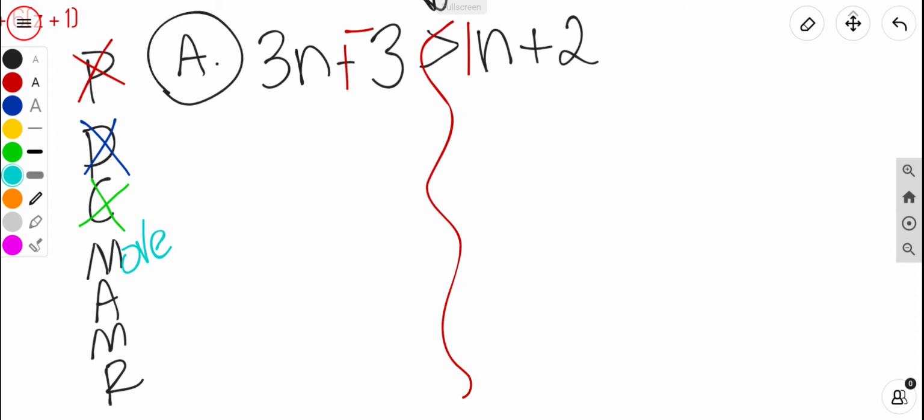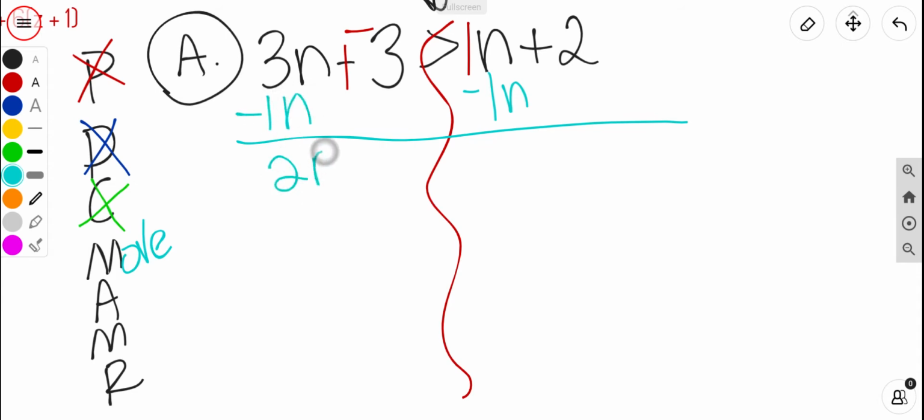So the smaller one is 1n, and because it's a positive 1n, I'm going to subtract 1n. That's what cancels it out to make 0. Okay, I know Miss Castor doesn't like to actually cancel hers, so I'm not going to draw the line through it. And I'm going to put it underneath its like term. So I got 2n plus negative 3 is greater than 2. Because the 1n minus the 1n canceled each other out.